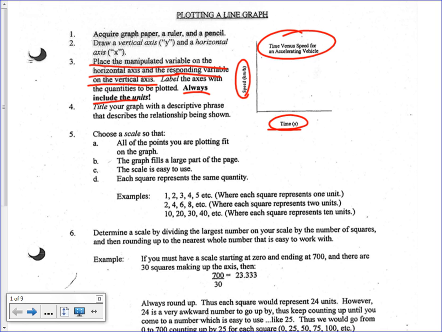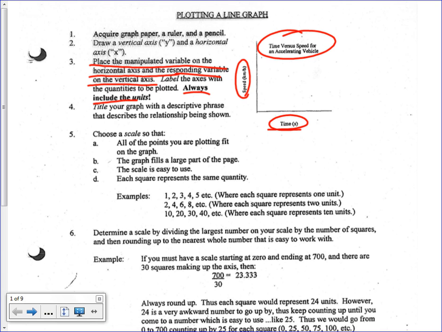Right? That would mean a lot more to somebody than time versus speed. Because time versus speed could be a car, an airplane, a three-toed sloth. We don't know. But if you don't write it on there, we could assume you had a ridiculously fast three-toed sloth or a ridiculously slow airplane. Right? We just don't know. So yeah, your title needs to explain the context of the graph.